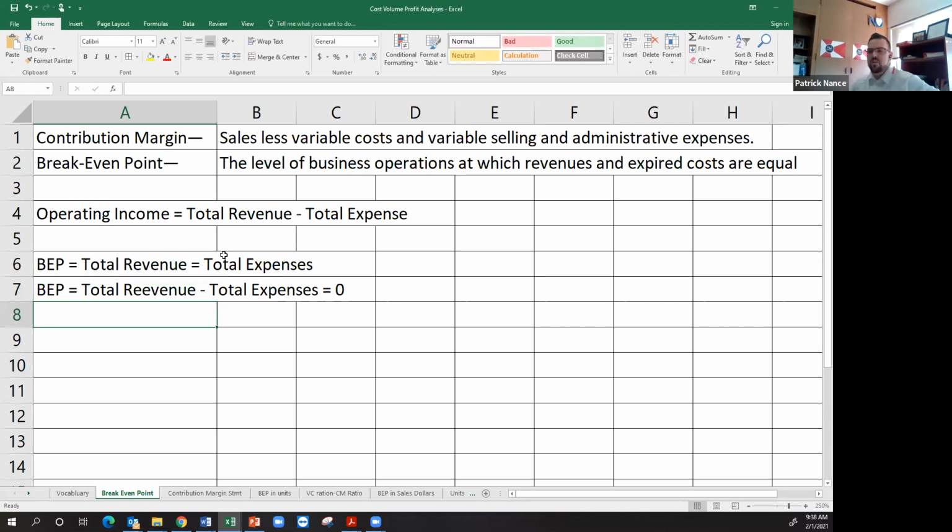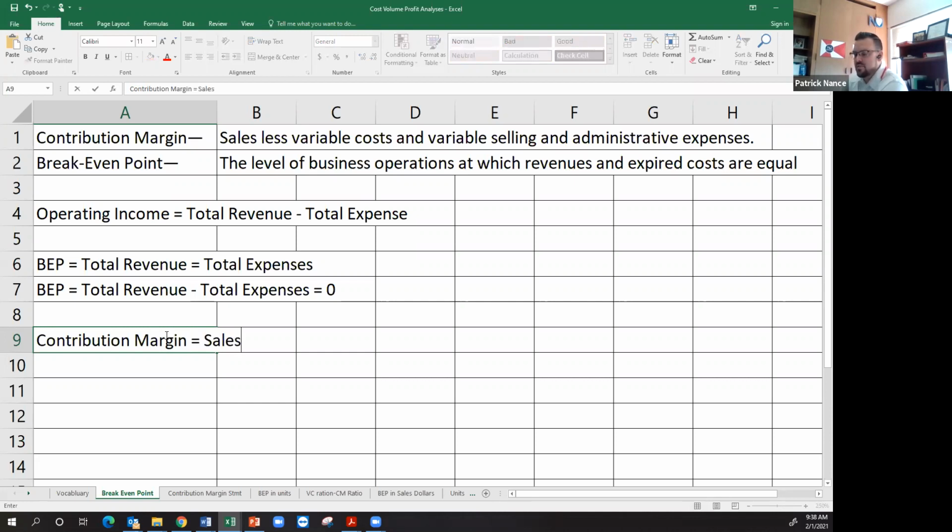So another really important word and part of this that you really need to know is contribution margin. So a contribution margin is the sales less the variable costs and variable selling administrative expenses. So the shortest way really to say what a contribution margin is, a contribution margin is sales minus all of the variable costs, effectively.